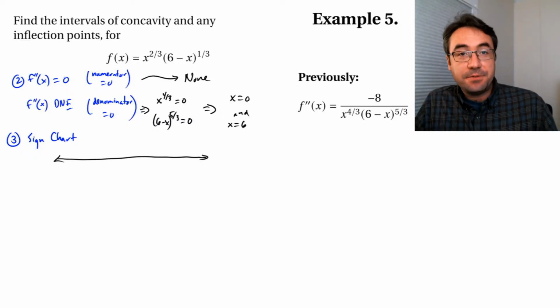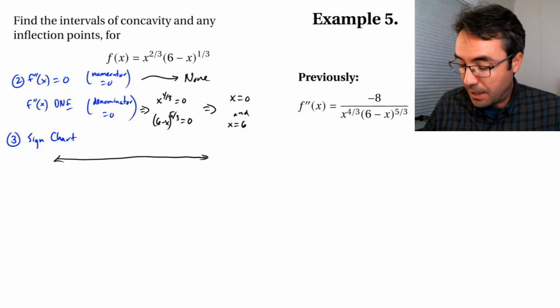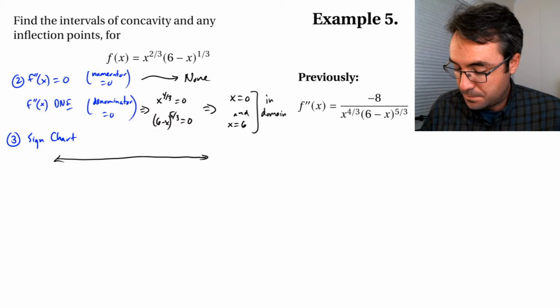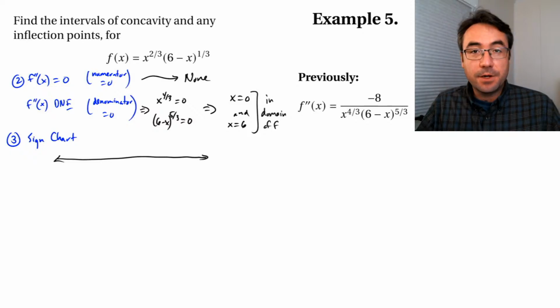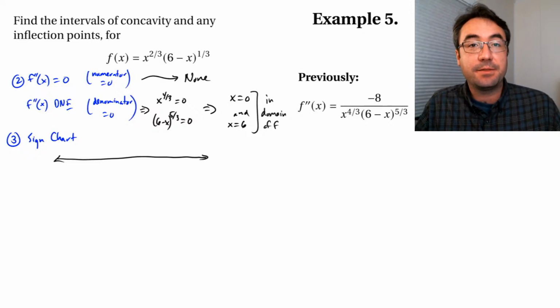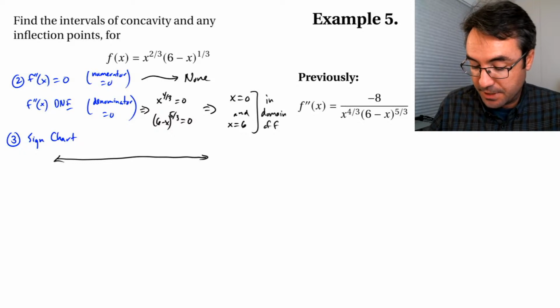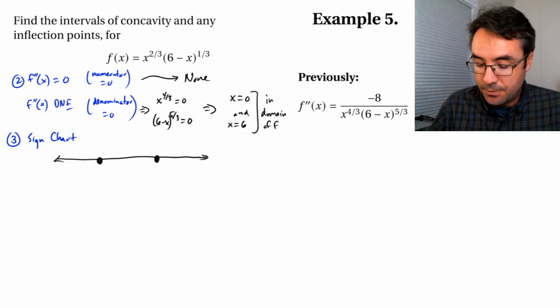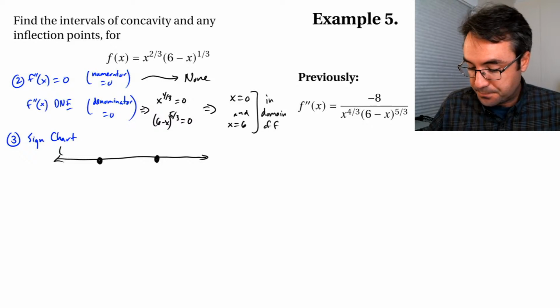And our function is defined at those numbers, so these are in the domain of f. So our original function is defined at those values. So when we plot them on our sign chart, let's use filled in circles here just to remind ourselves that they are in the domain of our function. We get three intervals here.